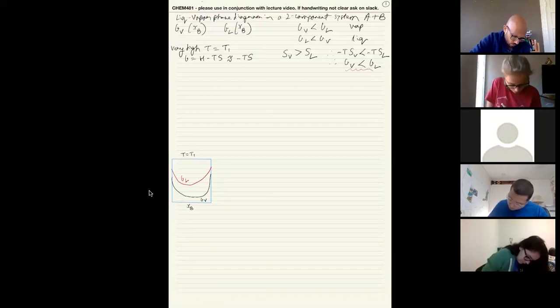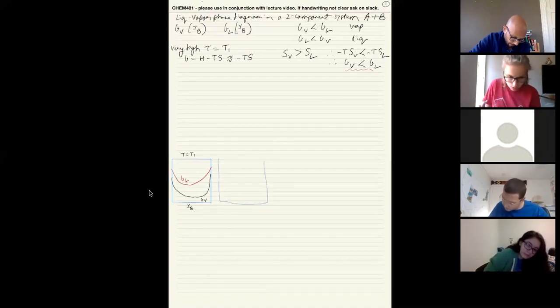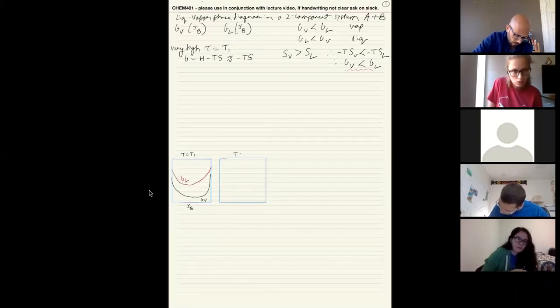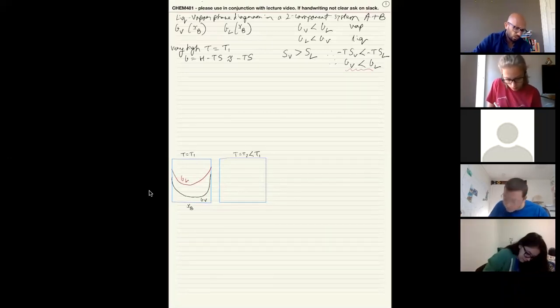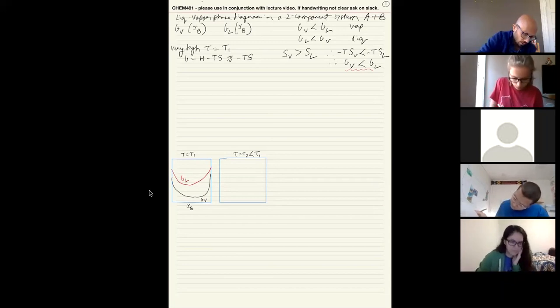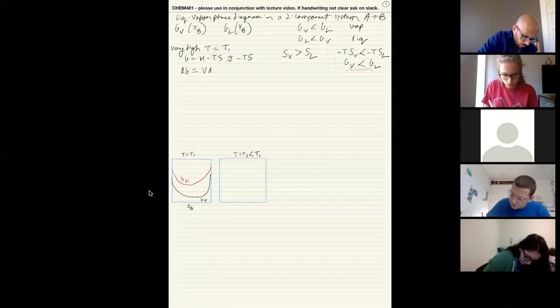Now let's go to a slightly lower temperature and see what happens. So now we are interested in a temperature T is equal to T2, which is smaller than T1. In order to understand how these free energy curves will move when you decrease the temperature, we look at our favorite, hopefully, thermodynamic relation, dG is equal to V dP minus S dT.